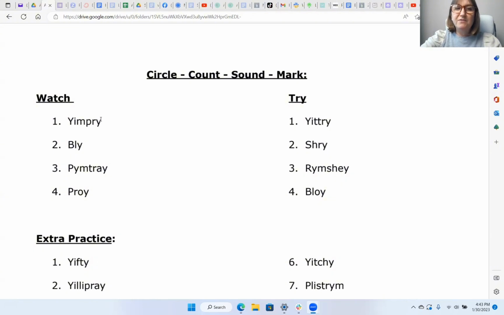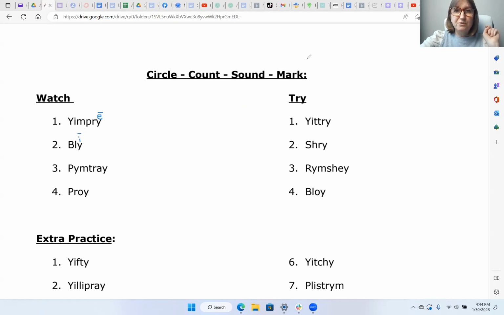When Y comes at the end of a multisyllable word, and you can tell it's multisyllable if there are two vowels not touching. So here's a Y over here, here's a Y over here, multisyllable word. When Y comes at the end of a multisyllable word, it is usually going to sound like a long E. Comes at the end of a one-syllable word, no other vowels, then it's going to sound like a long I.